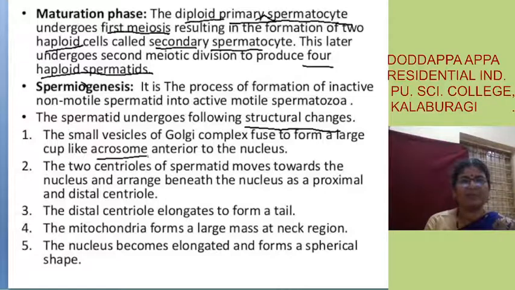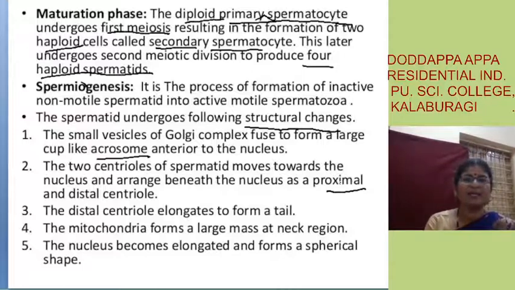This you have to remember. And the 2 centrioles of the spermatid move towards the nucleus and arrange one below the other. One gets accommodated in the depression of the nucleus at the posterior position, and that is called the proximal centriole. And below that is the distal centriole.